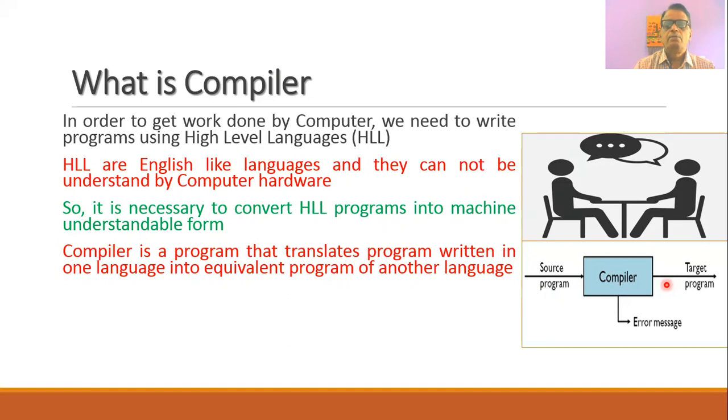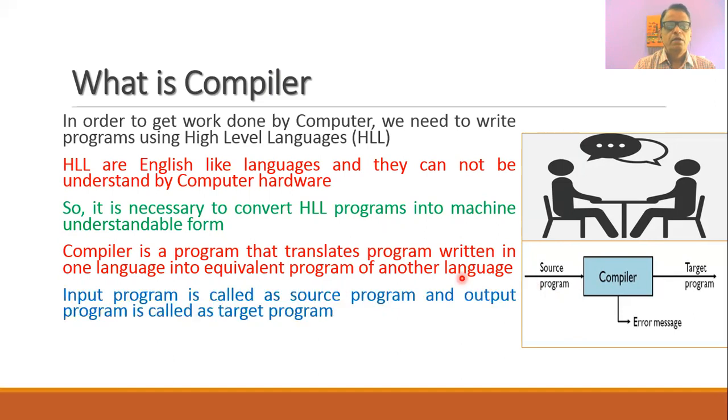So this is the target program which can be either directly understood by the machine, or it is also possible that we can generate a target program in another high level language. So the input program which is fed to the compiler is called the source program, and the output program that we get at the output of the compiler is called the target program.